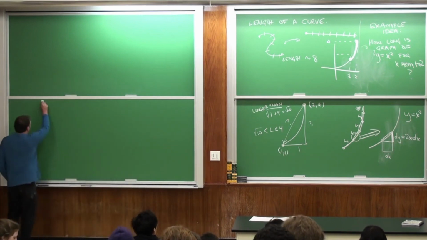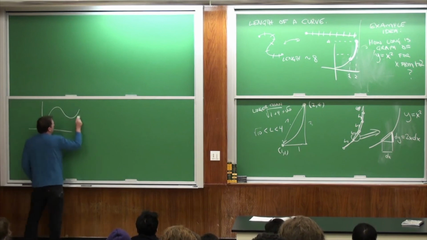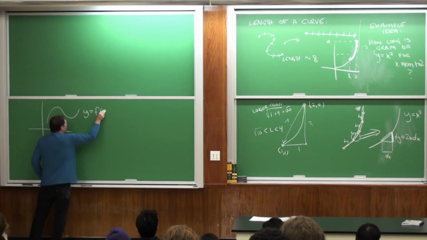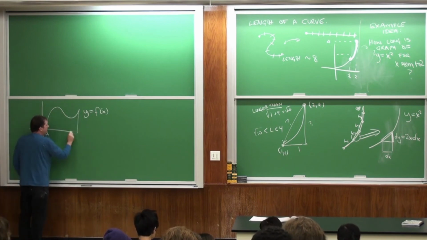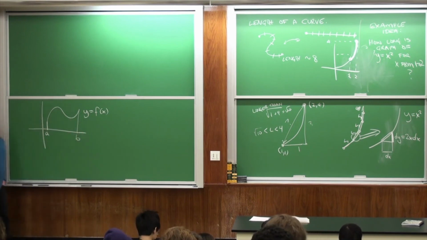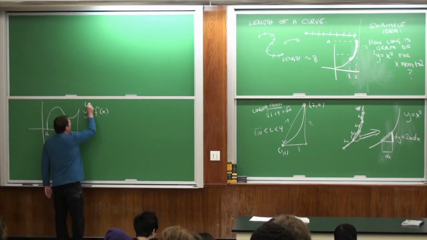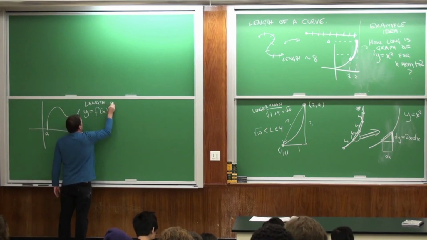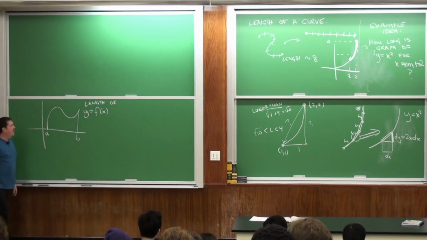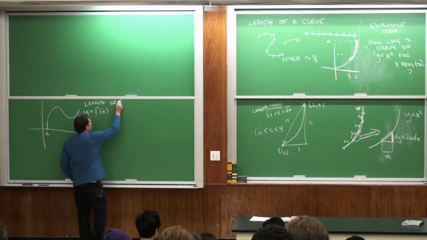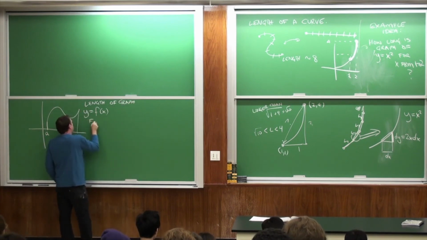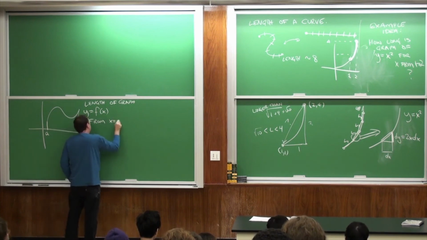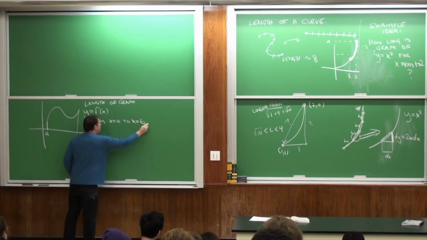I have some graph, y equals f of x, and it goes from here, a, to here, b. I want to find the length of the graph from x equals a to x equals b.